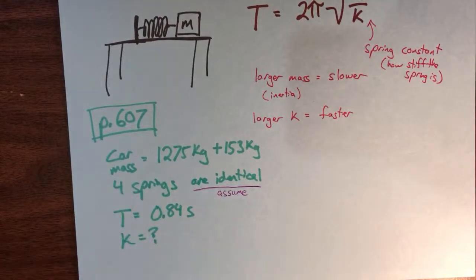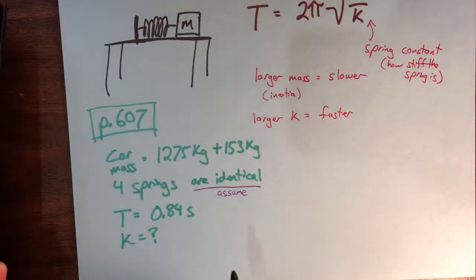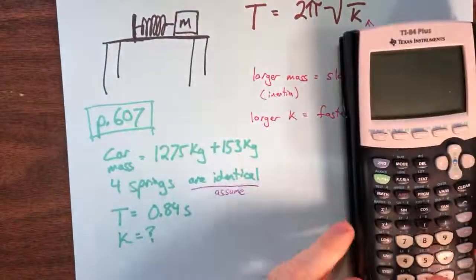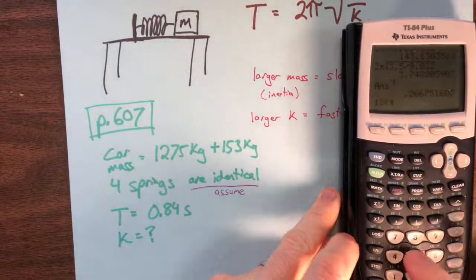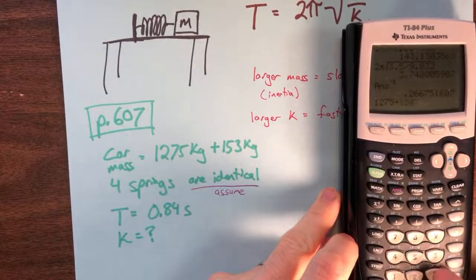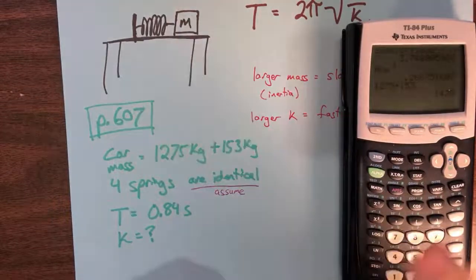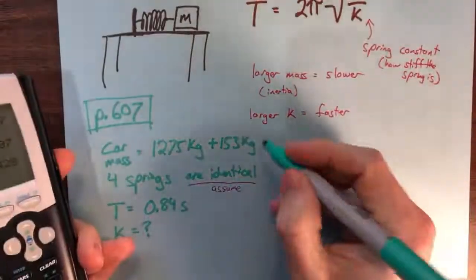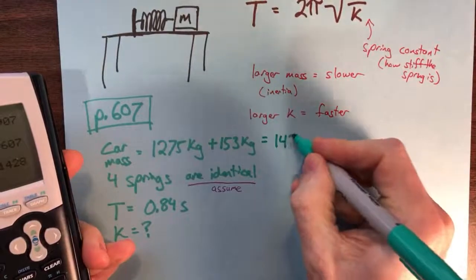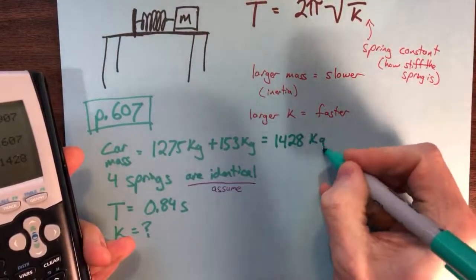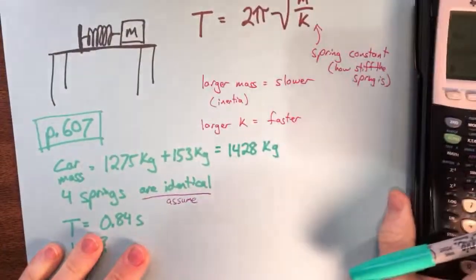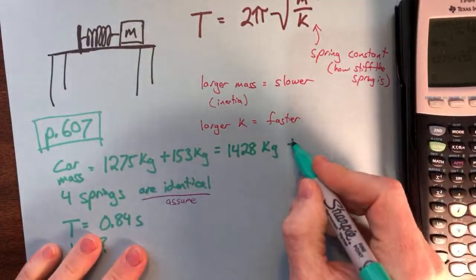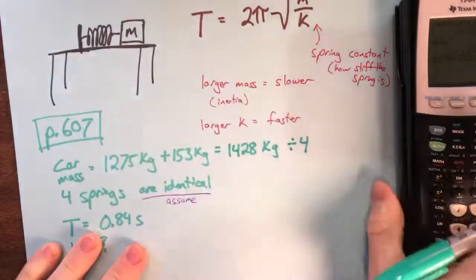And so to do that, let's go ahead and get the total mass of the car, all right? So the total mass of the car with the people is going to be 1,275 plus 153. And I'll go ahead and write that down. That's 1,428 kilograms. But we want to get the mass on each spring. So we're going to take that number and divide it by 4 for each spring.